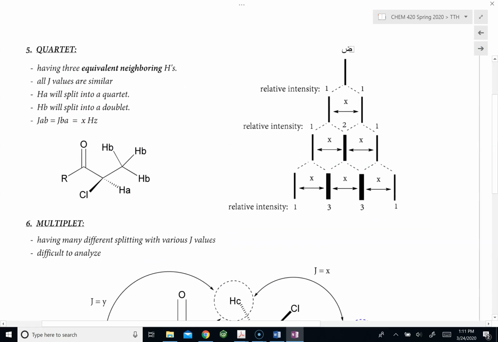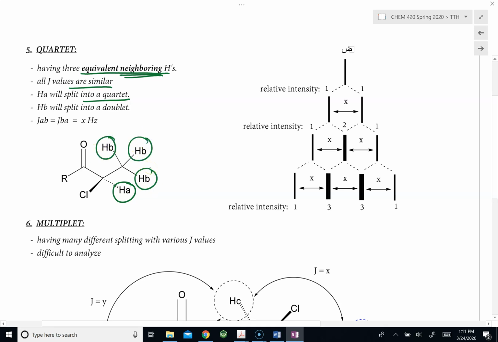And now a quartet. A quartet is a signal from a hydrogen that has three equivalent neighboring hydrogens. And because all of the neighboring hydrogens are the same, the J values are all similar. And that's when the signal will get split into a quartet. For example, here this HA will be split into a quartet. And the reason why is that it is communicating with these three HB.